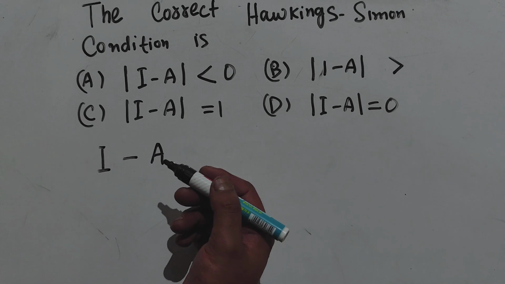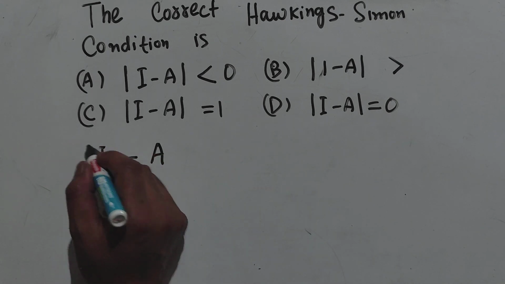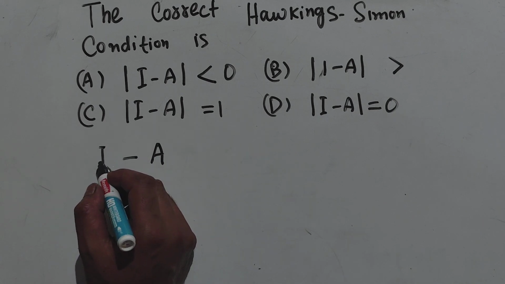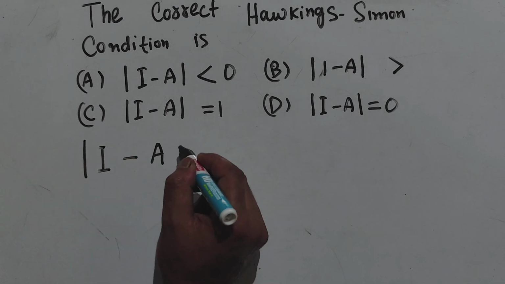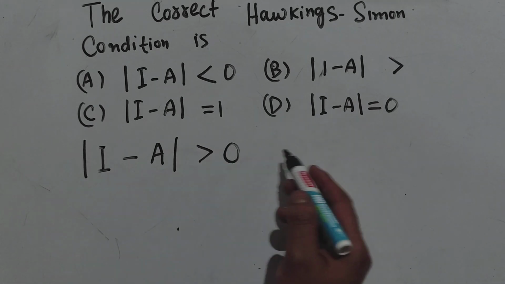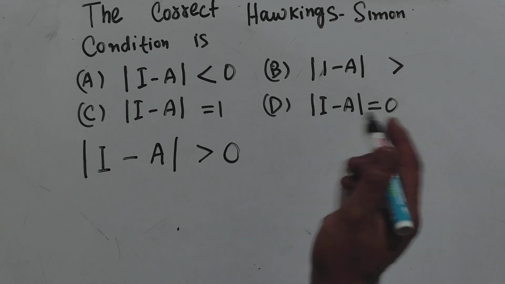Now the Hawkins-Simon condition says that when we subtract the technology matrix from the identity matrix and take the determinant of that matrix, it should be positive. Okay, so this ensures the viability of the system.